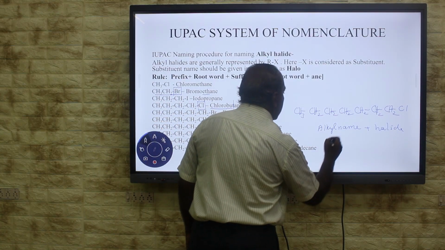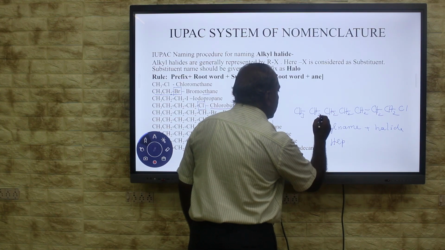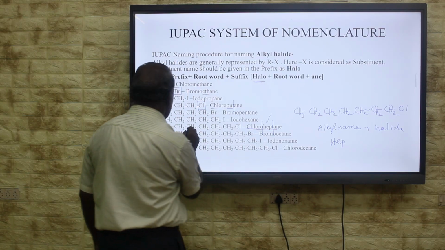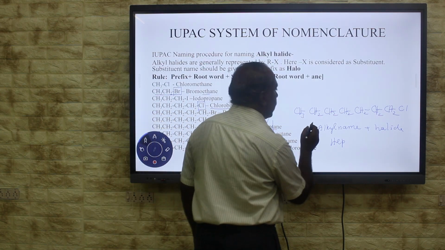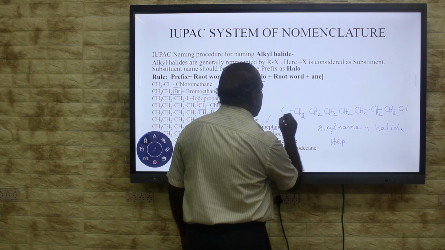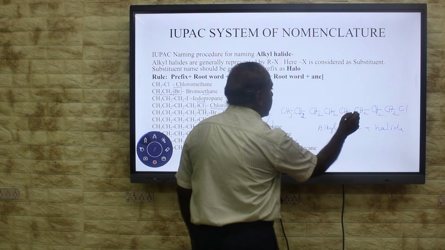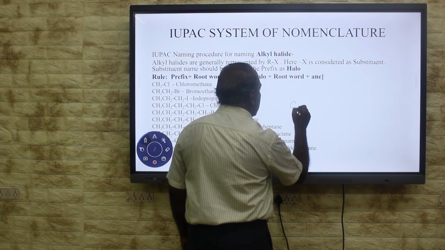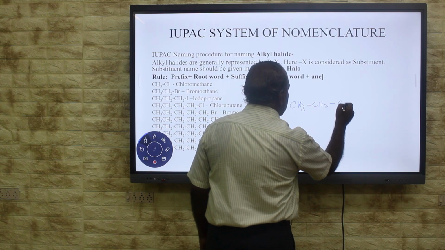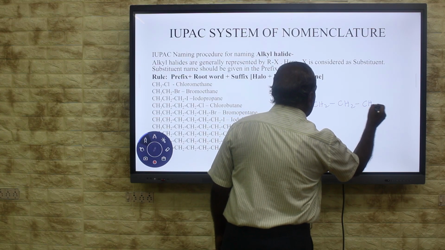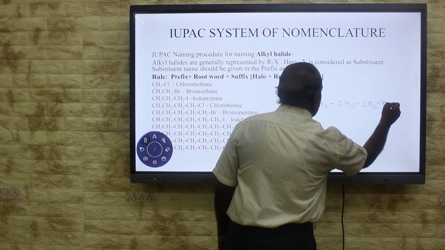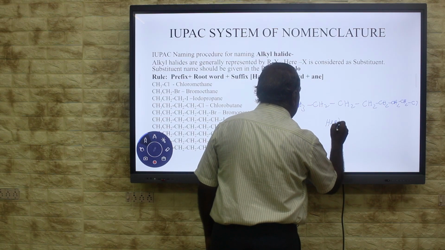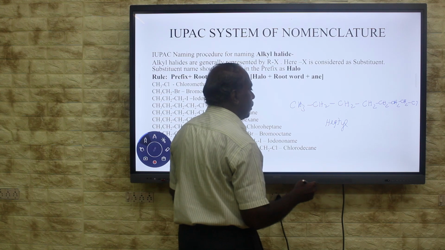The alkyl name is heptyl. Sorry, I have made a mistake. Heptyl means 7 carbons. Heptyl means there will be 7 carbons.